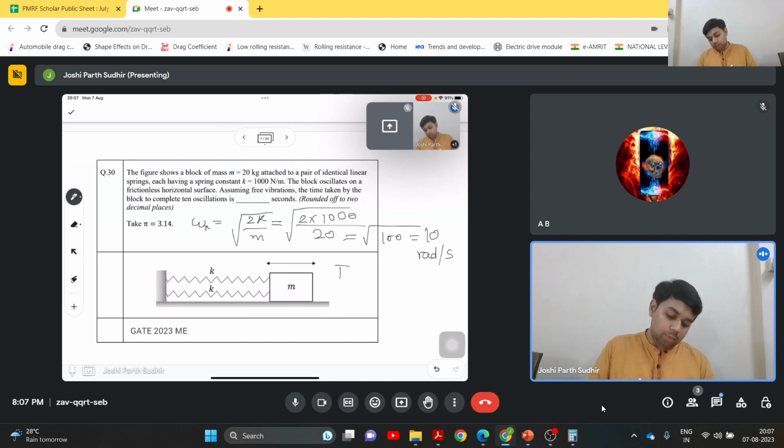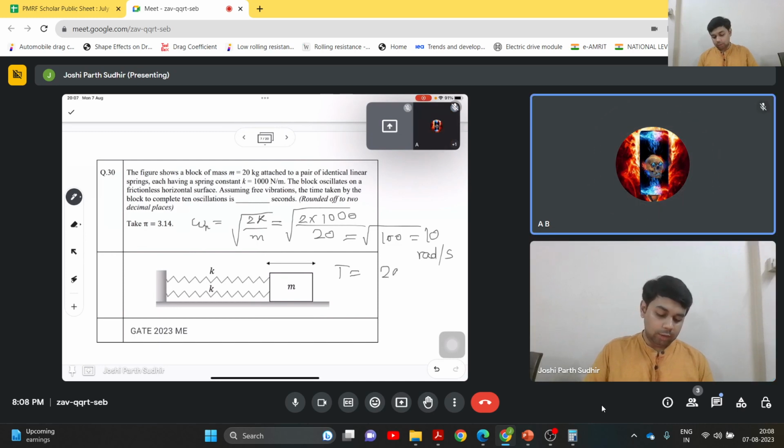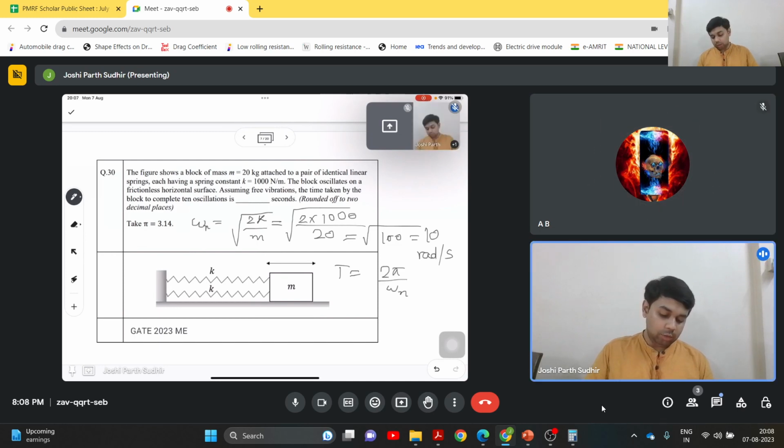So what is the time period in terms of the omega n? 2 pi upon omega n. Right. So it is 2 pi upon omega n, which is 2 pi upon 10. So we have been asked to calculate the value of 10 times this time period.